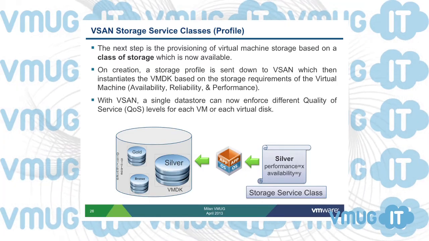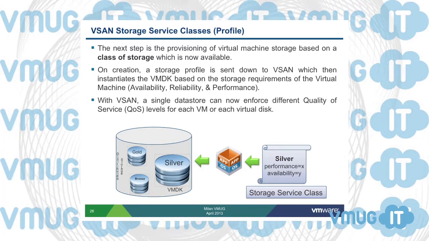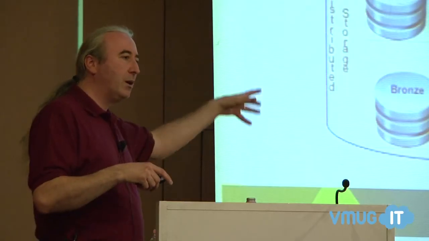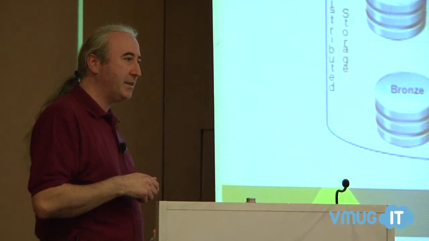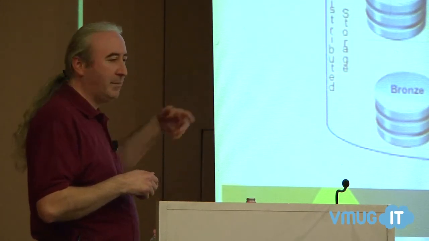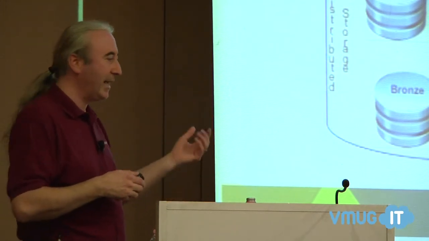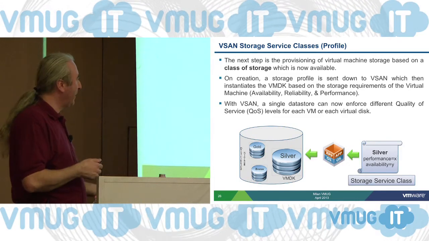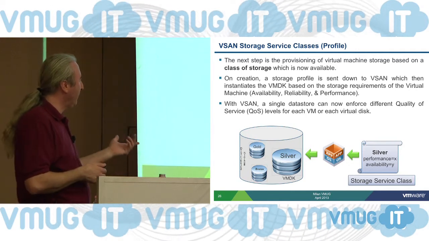Okay, great. And so just finishing off here, that's just reiterating what I was saying, is that now we have a data store where there are multiple objects instantiated. So we might have, I'm going with the gold, silver, bronze thing again, but hopefully you get the idea. And so all of these are what we call our storage classes, but for want of a better description, they're the profiles that we had previously.